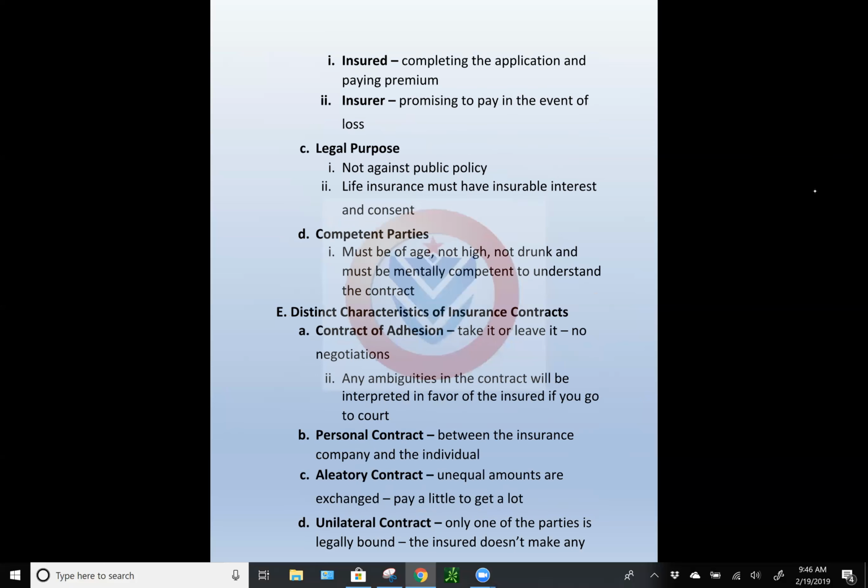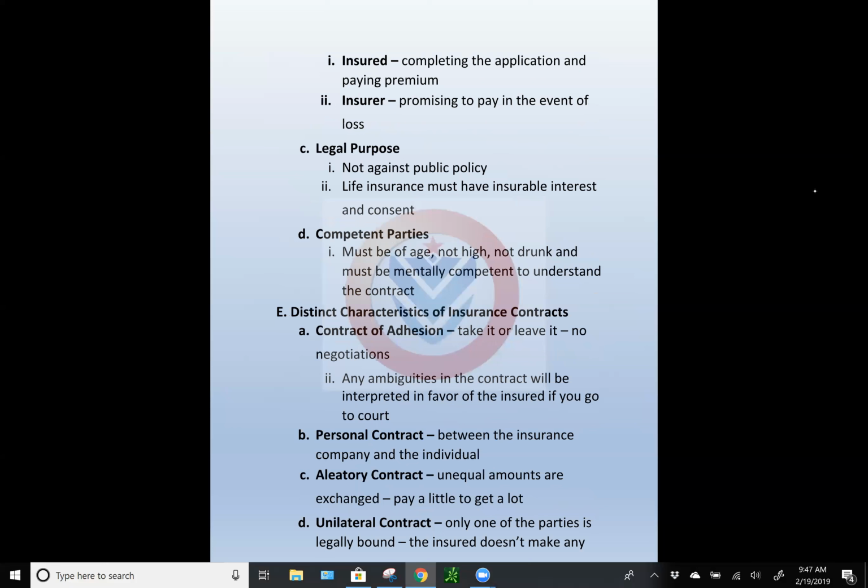So first, there is consideration on part of the insured. The insured's consideration would be completing the application, so the answers on the application, how they represent themselves, as well as their payment of premium. Consideration on part of the insurer is promising to pay in the event of loss.